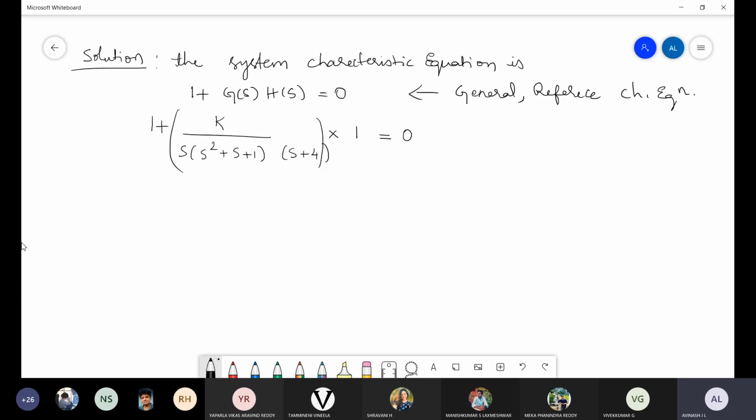Once you take the LCM and multiply it, what answer will you get? Did anyone solve it and tell me?